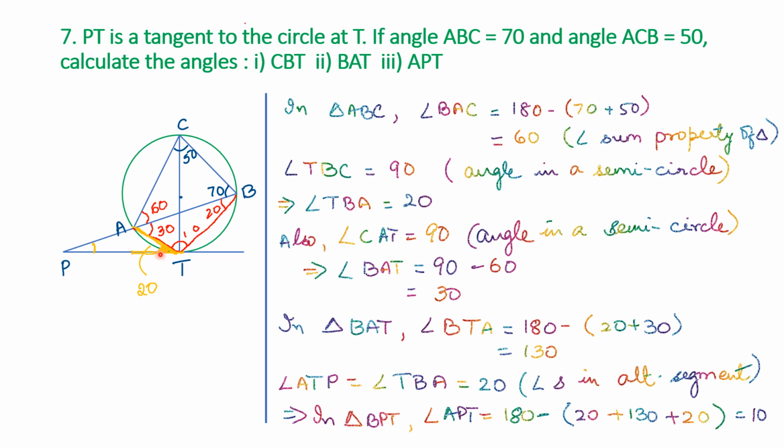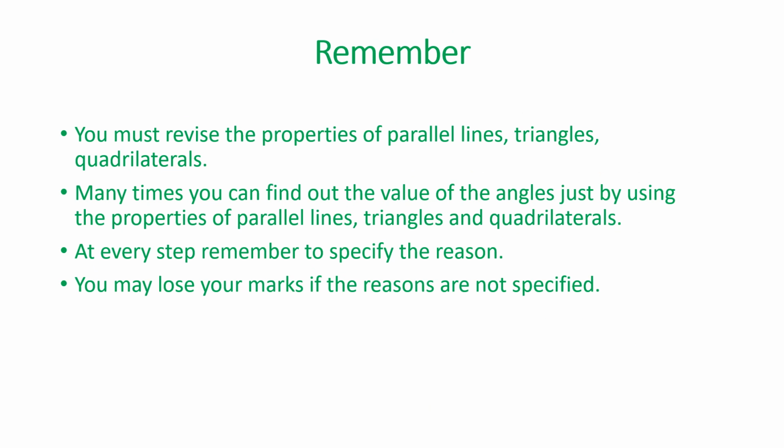And therefore in triangle BPT, you have this angle 20 degrees and this is 130 degrees. I think I left out, this is 130 degrees. So I have 130 plus 20, and I will get the small angle by subtracting everything from 180, which is equal to 10 degrees.